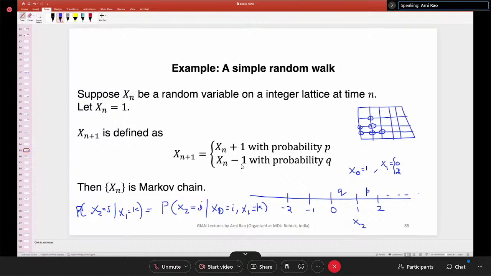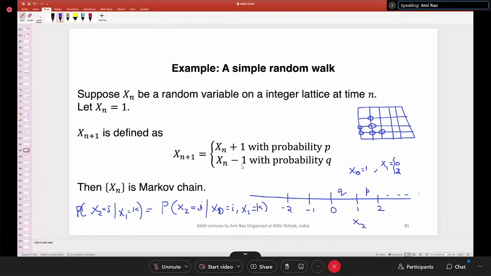When you lose a game, you lose 1 rupee, so you have 9 rupees in your pocket. When there are no more rupees to play, the gambler quits the gambling center and comes back home. Most of the time, gamblers ruin their life. That's why it's called the gambler's ruin model.